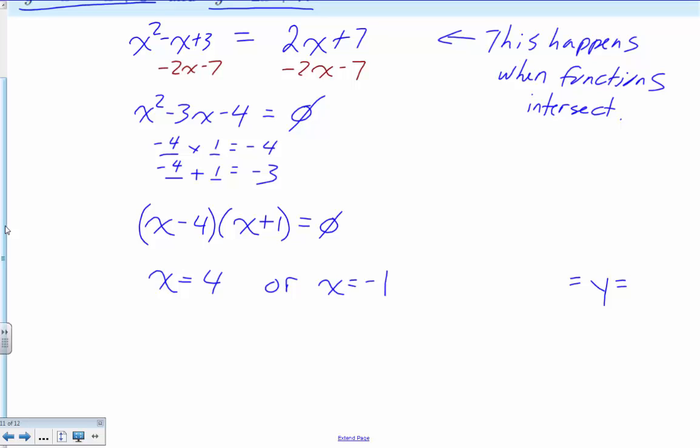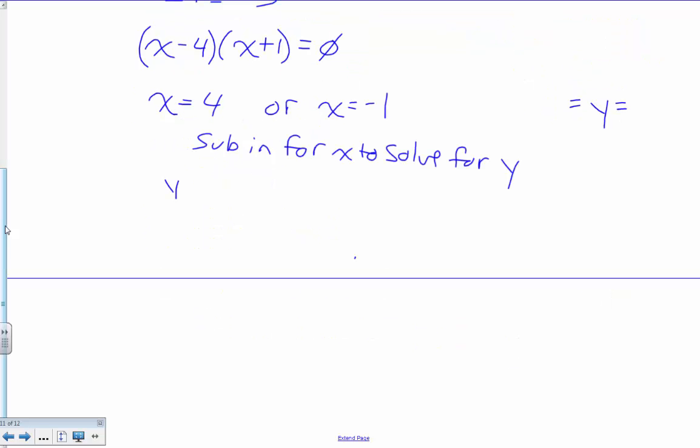Great. Now what? Now we have to take our original equations and sub in for x to solve for y. I'm going to take the easy one, the 2x plus 7. So if y equals 2x plus 7, then y equals 2 times 4 plus 7, which equals 15, which gives me a coordinate point.